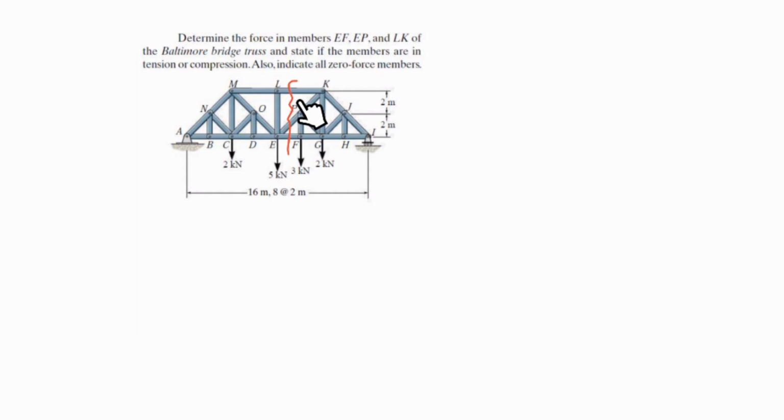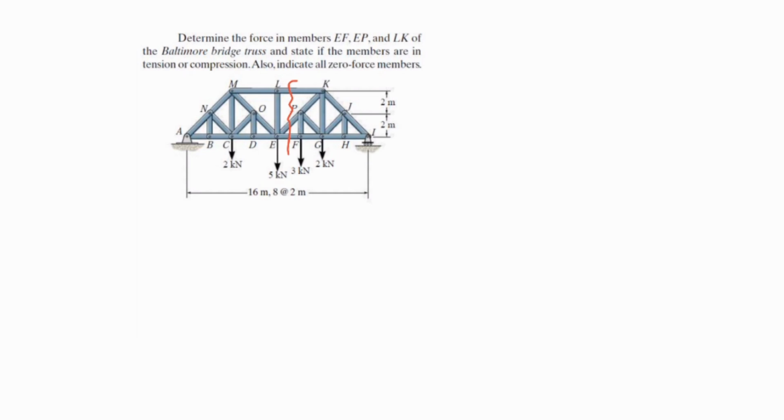We can go through the problem and solve the unknowns by using this cut. Finding the zero force members could be useful if we cannot find such a cut, meaning that we might have four members or something like that. By the way, finding zero force members is a good step, but not necessarily in this problem.